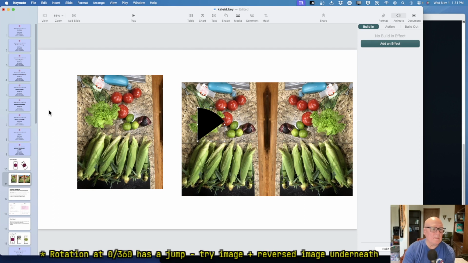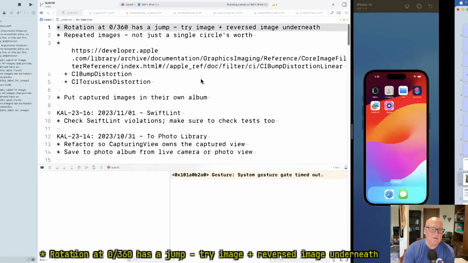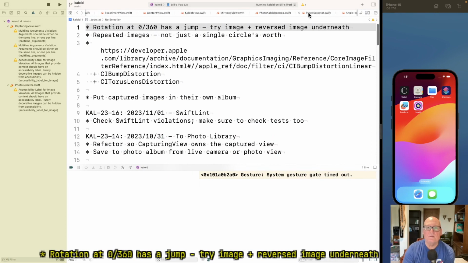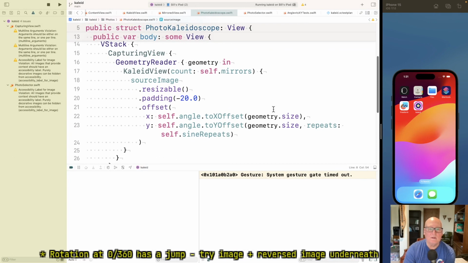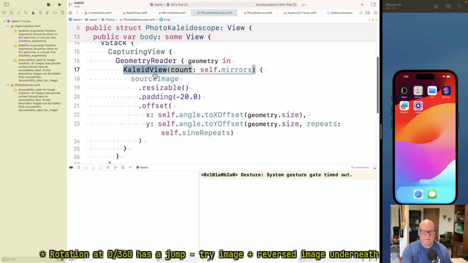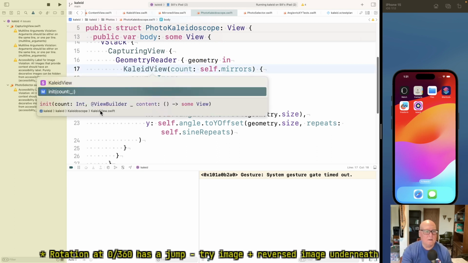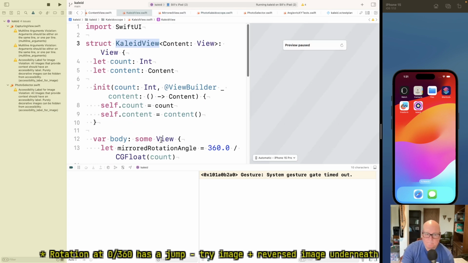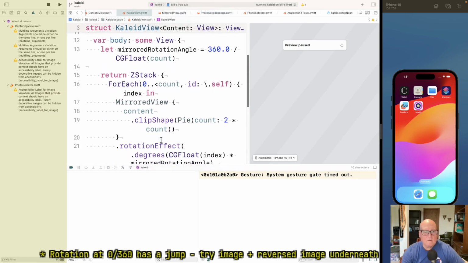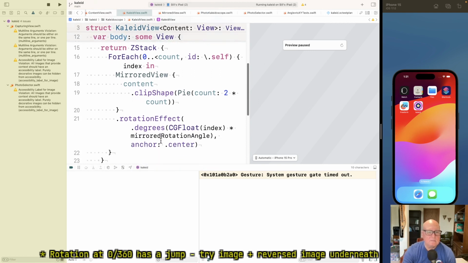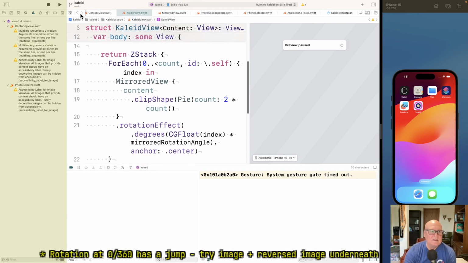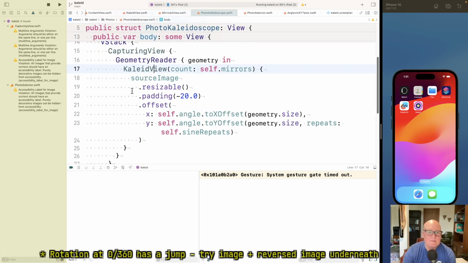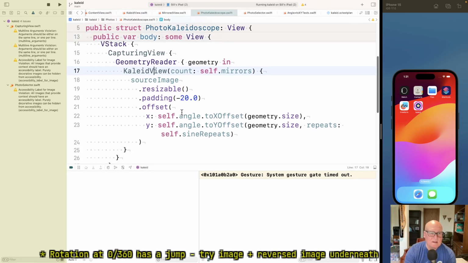Let's look at, well, who does this? Probably Photo Kaleidoscope or something it calls. Okay, so Photo Kaleidoscope. I guess Collide View? Where's that sine wave? He's not capturing view.